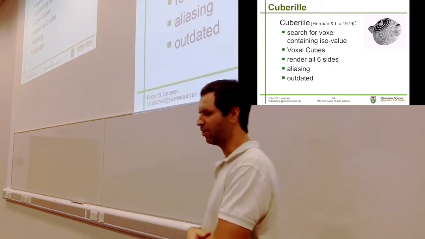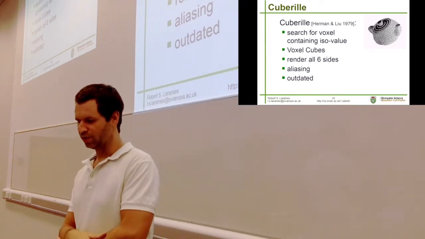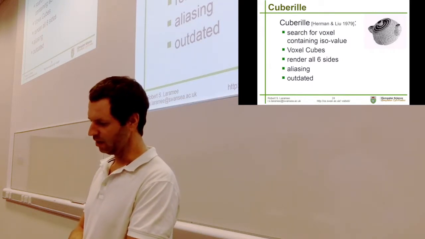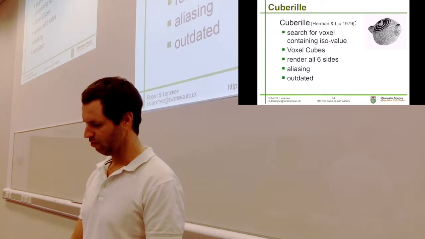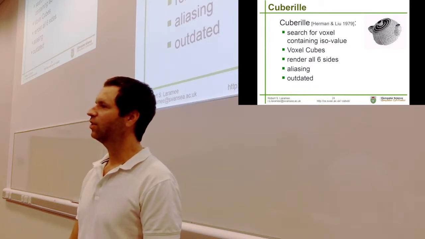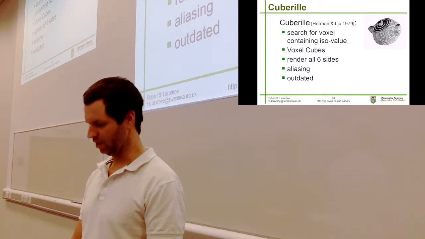So this is an early version that shows aliasing artifacts due to the big cubes. But if they get small enough, you can create a smooth-looking surface in an image.